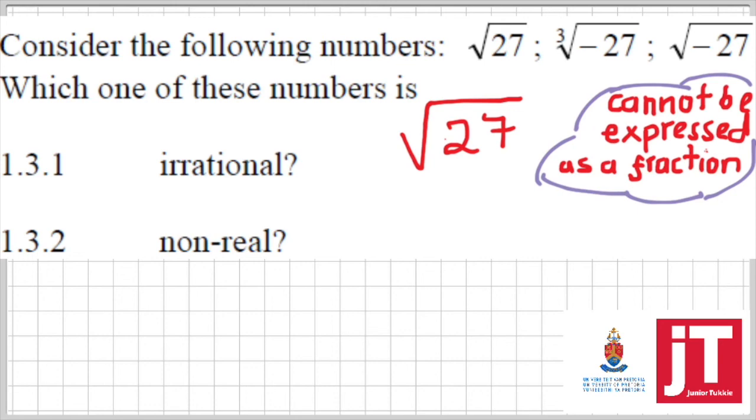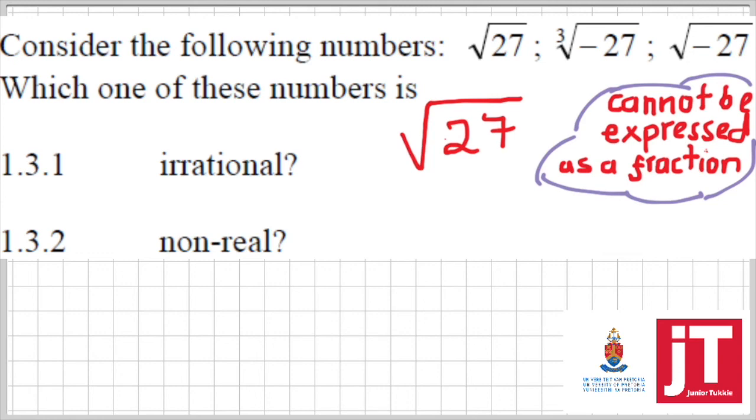Of those numbers, we're asked to identify which number is a non-real number. Your understanding of the term non-real, it is a number which falls under a square root sign and it has to be negative. And if I look at that, there is square root of negative 27.